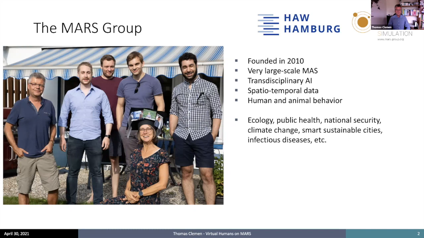So MARS has been applied to a couple of disciplines like ecology, public health, national security, climate change mitigation, smart sustainable cities, and others.